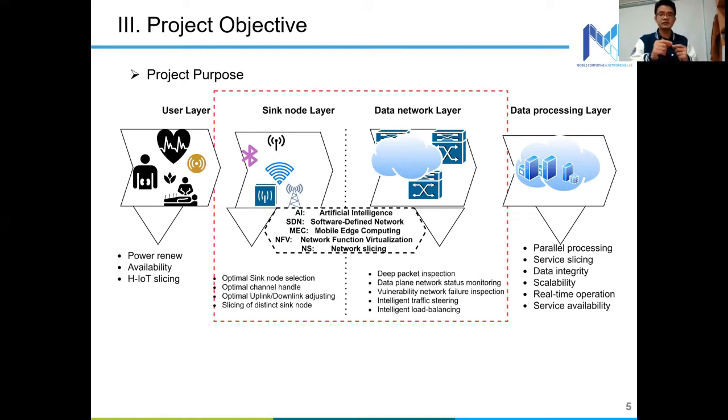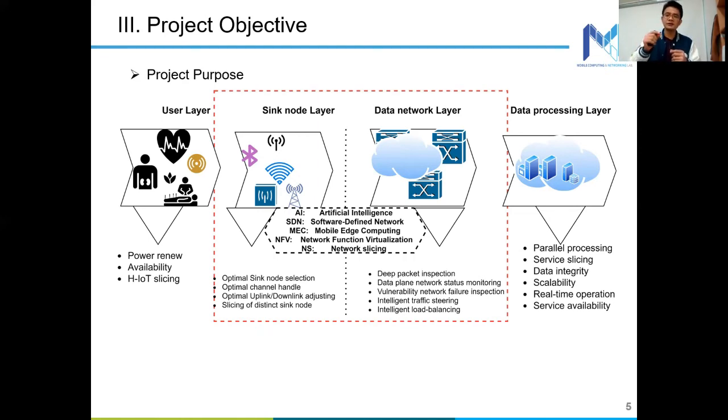The packet status refers to the different classes of healthcare information and healthcare traffic, and monitoring the status of each data plane network to inspect and find out the vulnerability to network failure.